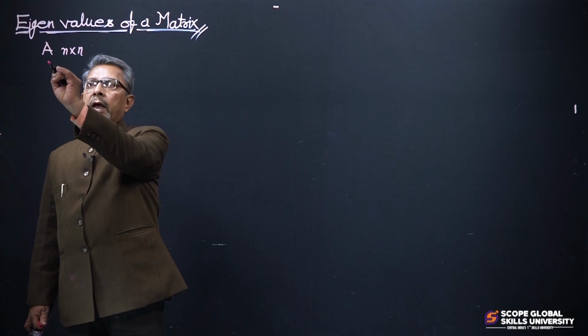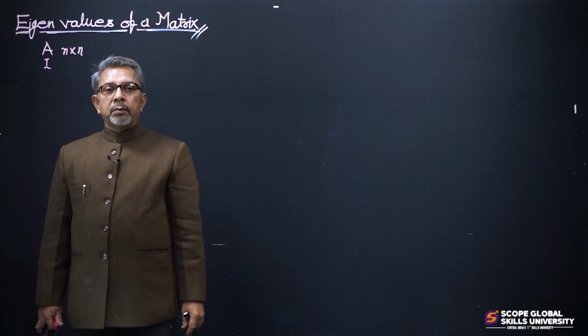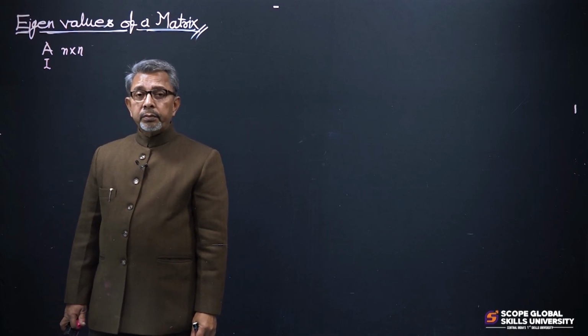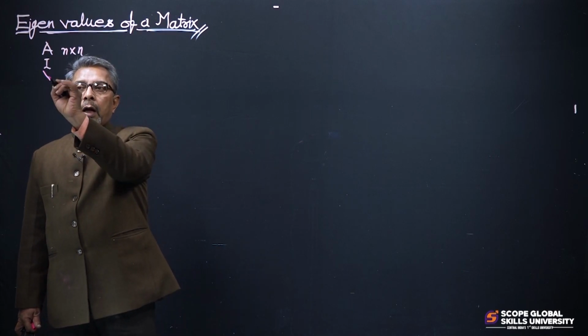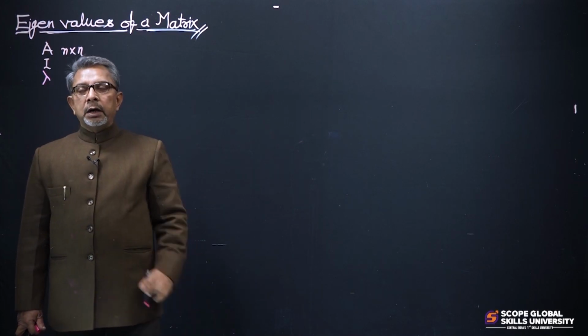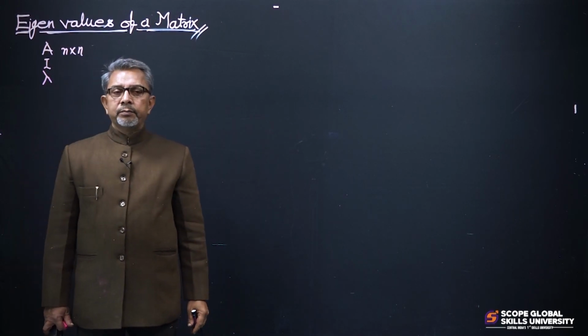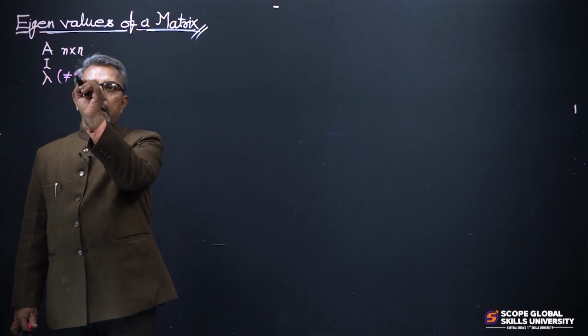Second, we have an identity or unit matrix of the same order, that means of order n by n. And third, we have a non-zero scalar quantity, here I am representing this by lambda. Remember that this lambda is a non-zero quantity.